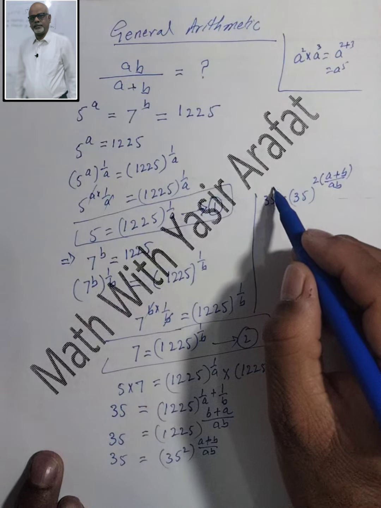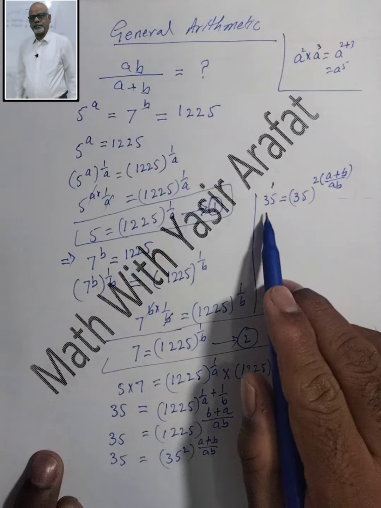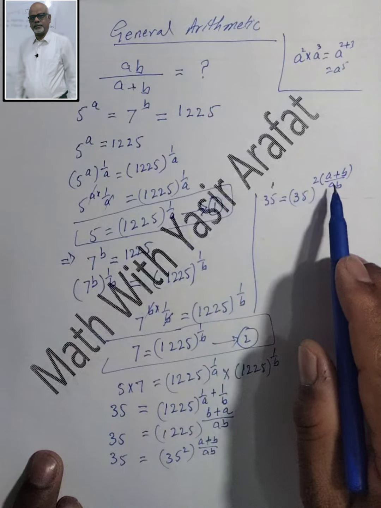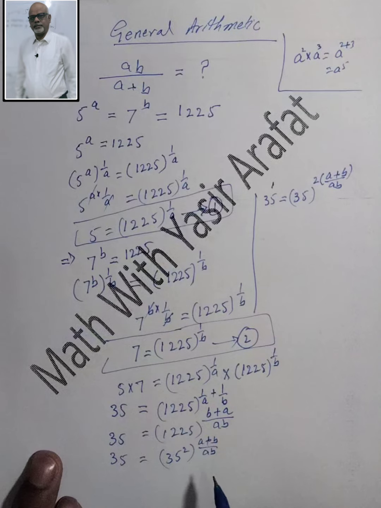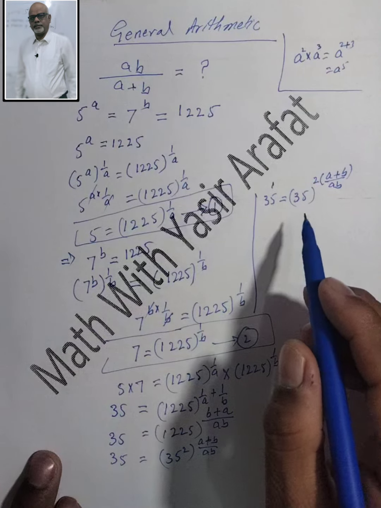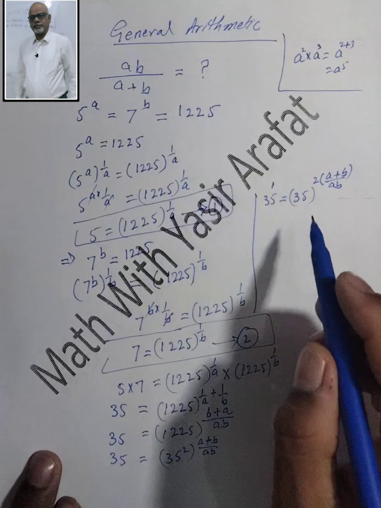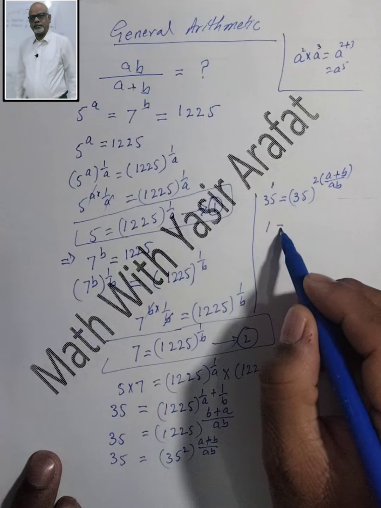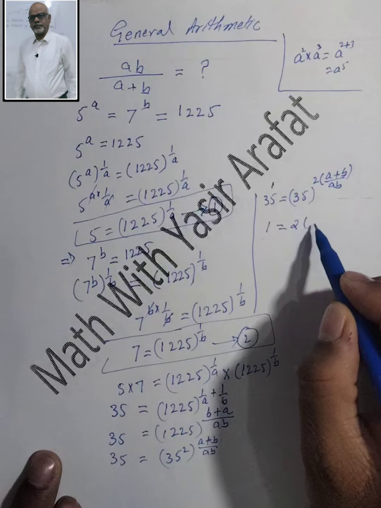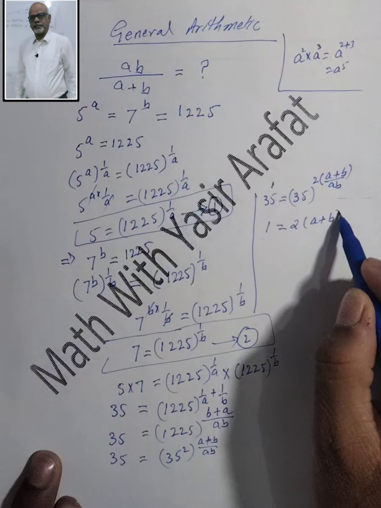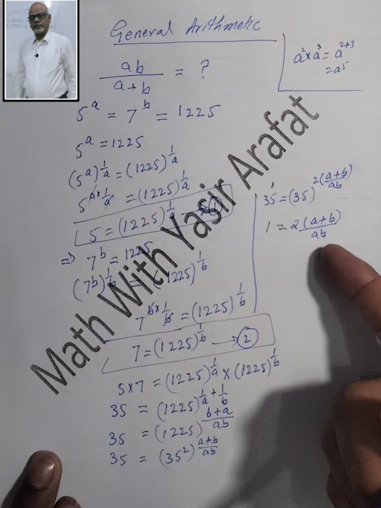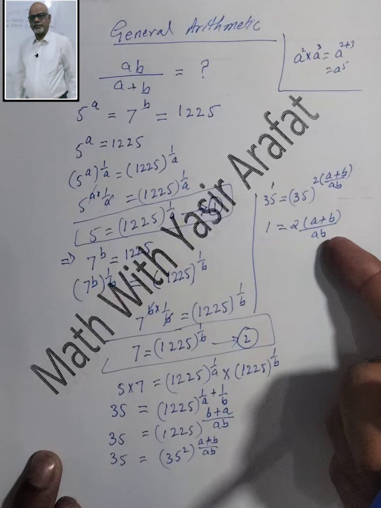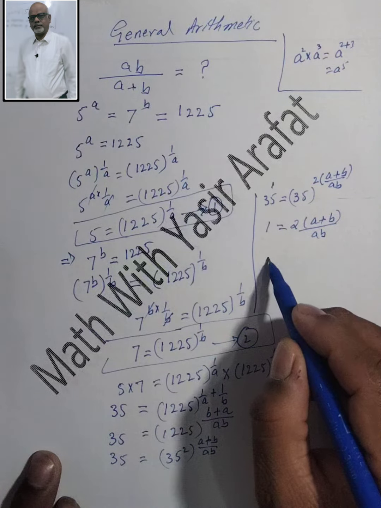Now again the bases are the same here. When the bases are the same, then their powers will be equal to each other. So we apply this rule here. Bases are the same, therefore 1 equals 2 times a plus b over ab. Now this ab is in the denominator, so we shift it and it multiplies with 1.